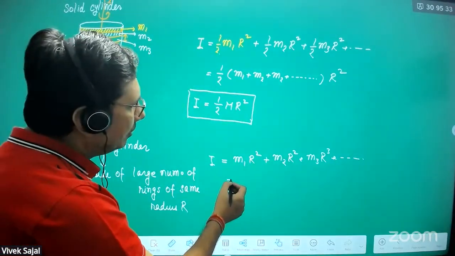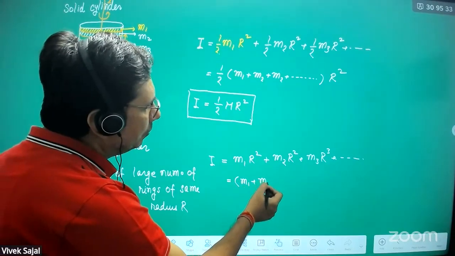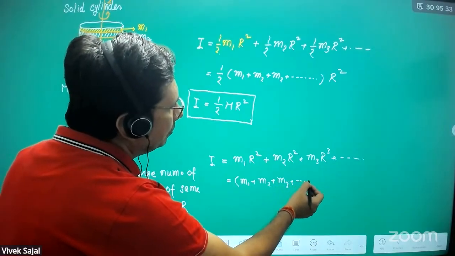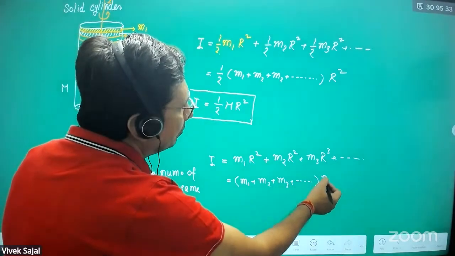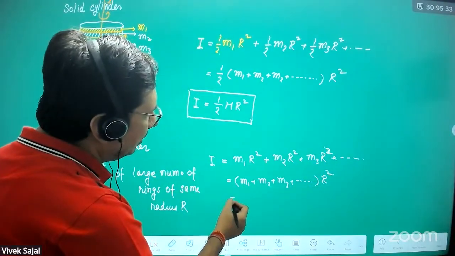R square you can take common. So this will become M1 plus M2 plus M3 and so on, times R square. So this will be MR square.